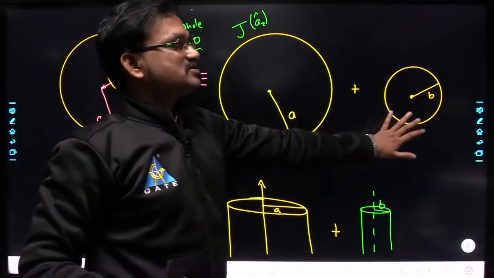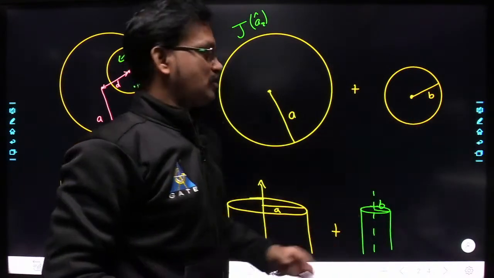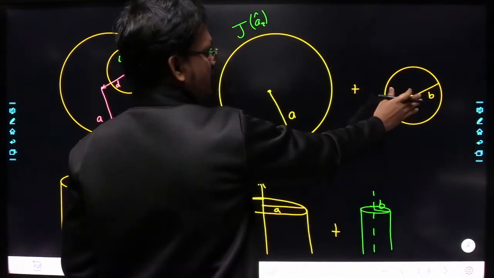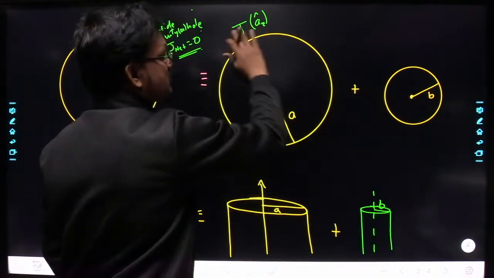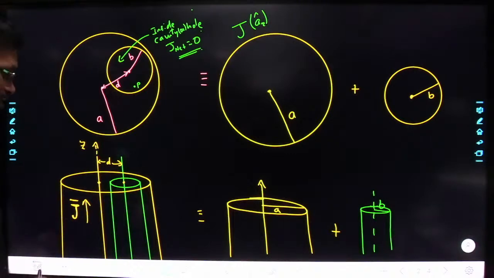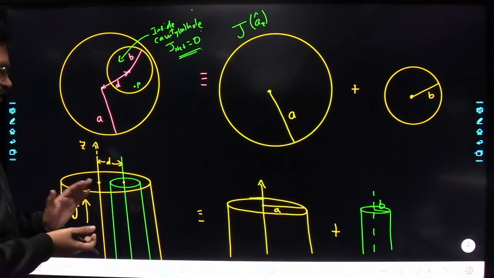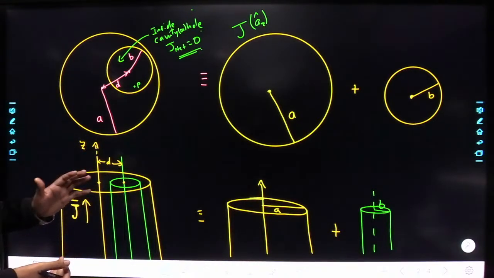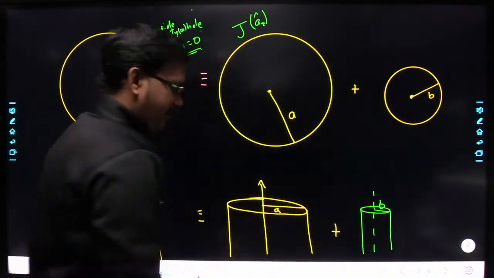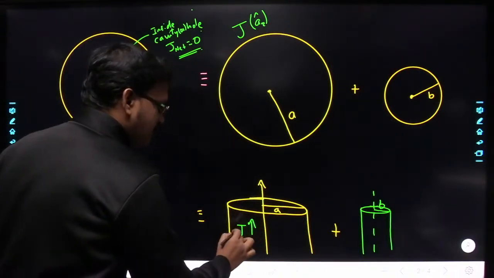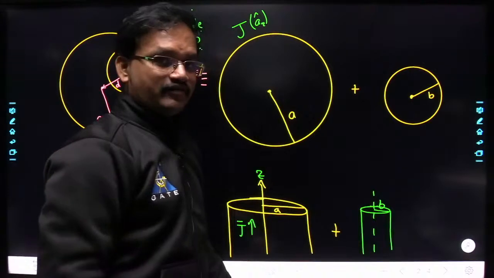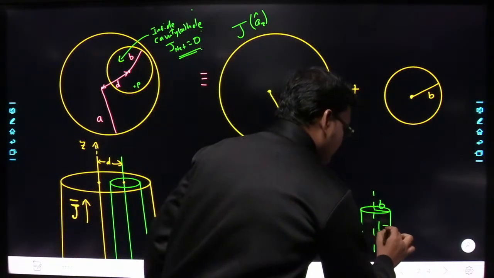Next I am considering another cylindrical wire of radius B. Here I am assuming that the current density of this one is also the same, but the current is flowing in the negative Z direction. So I have split this into two cylindrical wires: in this one the current is flowing in the Z direction, and in this cylindrical wire the current is flowing in the negative Z direction.